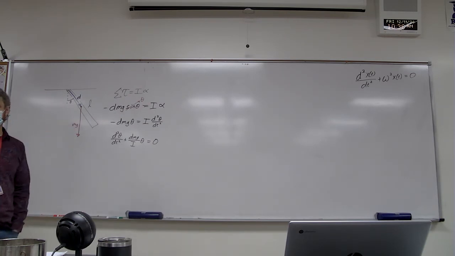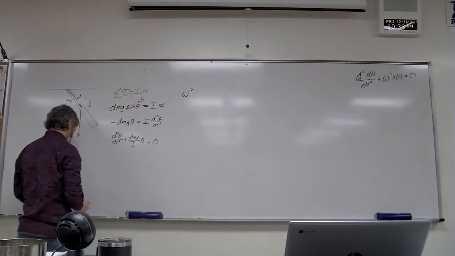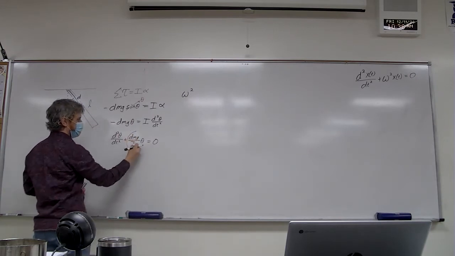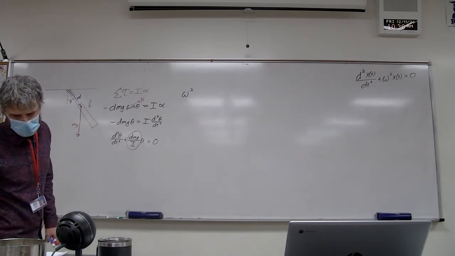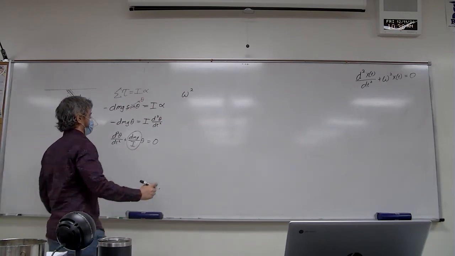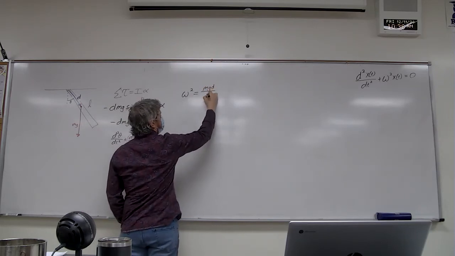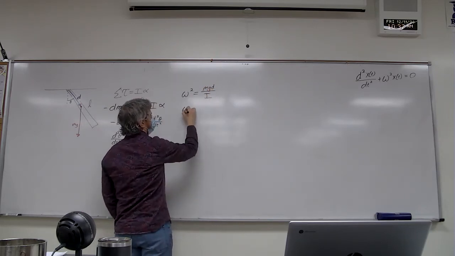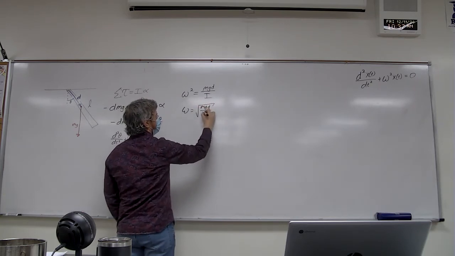We got our differential equation for a simple harmonic oscillator, where omega squared is simply the coefficient in front of the position function. So omega squared is just mgd over I. So omega is the square root of mgd over I.